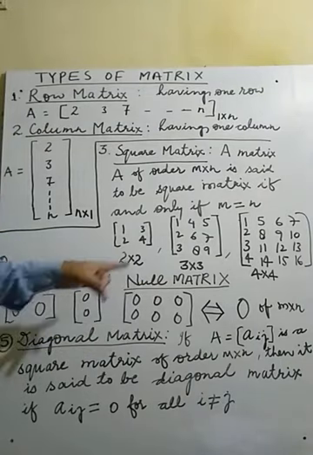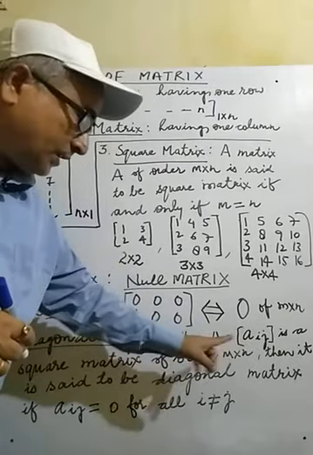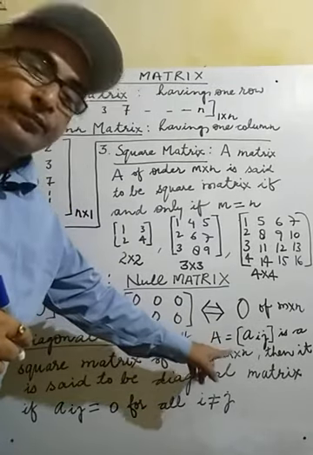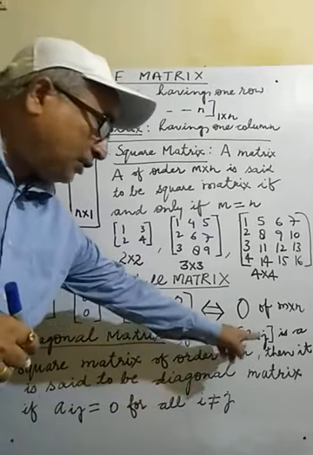Similarly, we have to study other types of matrices, and that is the diagonal matrix. This one is very prominent here. To understand what a diagonal matrix is, take a matrix A equals [aij]. It is represented symbolically as A equals [aij], where i indicates the row and j indicates the column. In this way the elements are arranged.